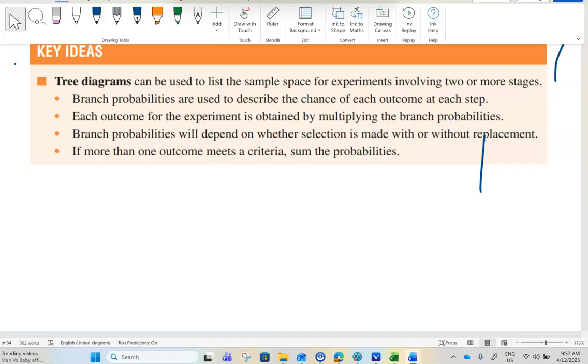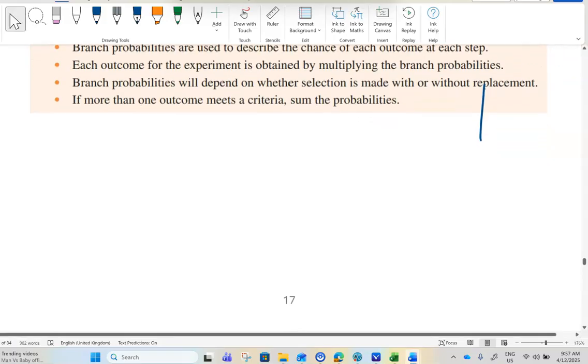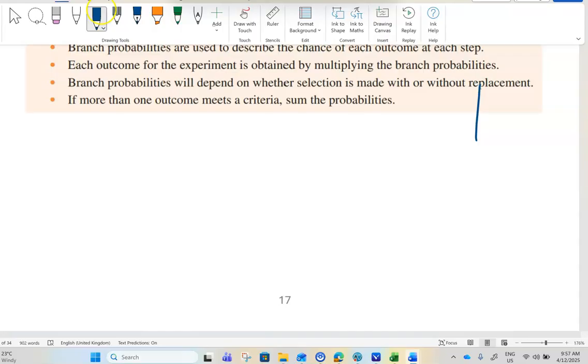So let's give an example here. We've got counters selected at random, so we're not looking at it when we collect.